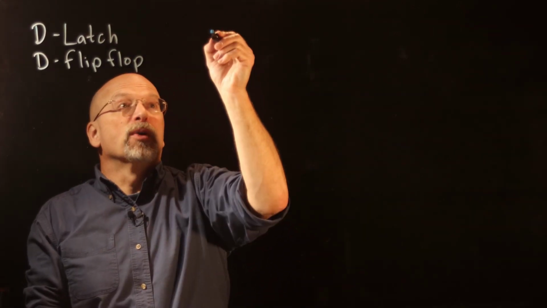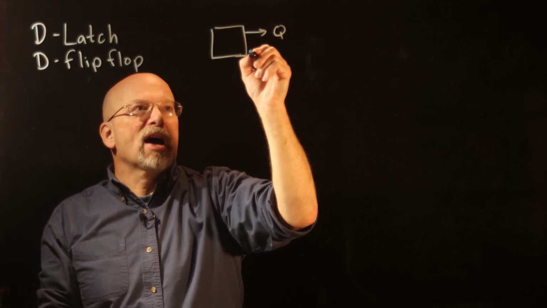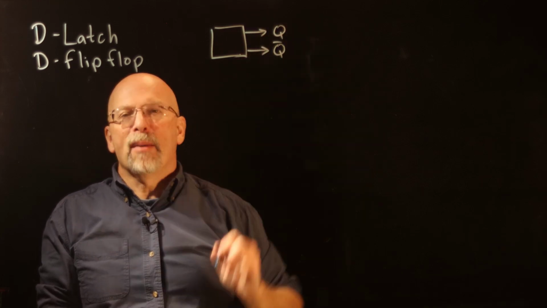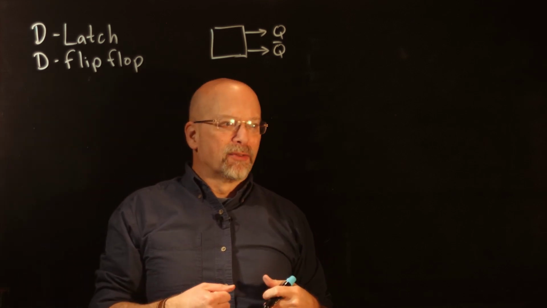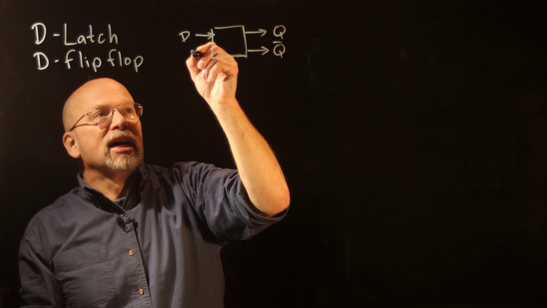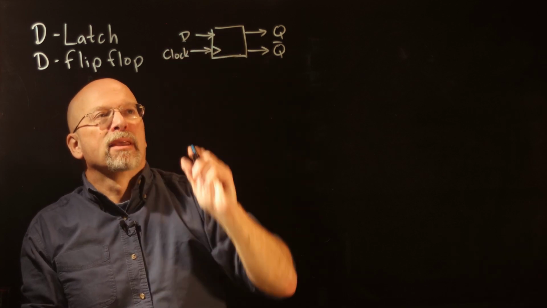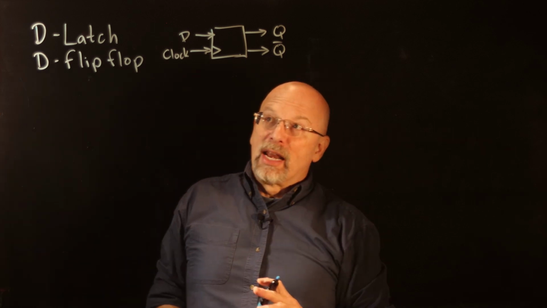Now remember, what we're doing is we've got a box, and what's stored in the box is Q and a copy of Q represented by its inverse, Q bar. Going into the box, we have data, and we also have a clock. We also have the S bar and R bar, which I'm not going to write up there just yet.